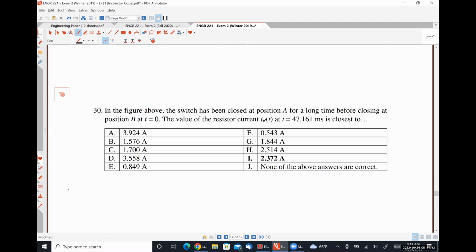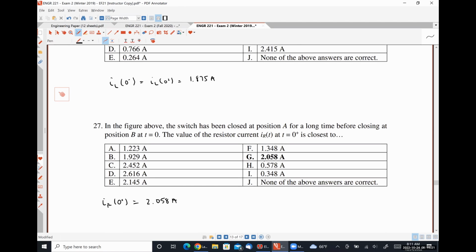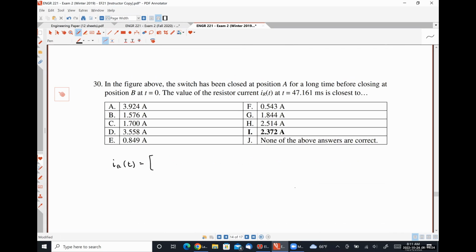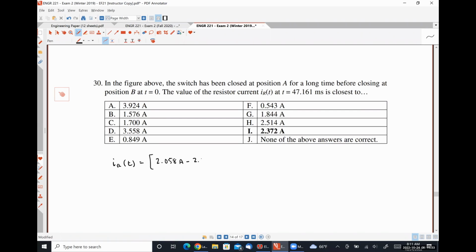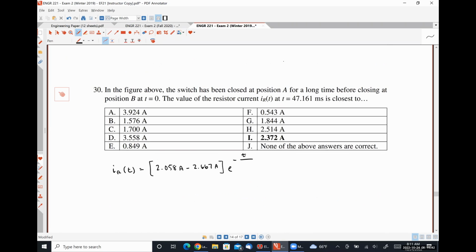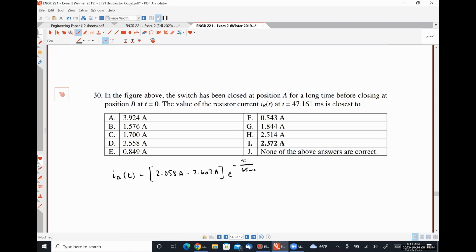So IR of t is going to be 2.058 minus 2.667 e to the negative t over tau, where tau is 65 milliseconds, plus 2.667 amps. And then t is given right here.